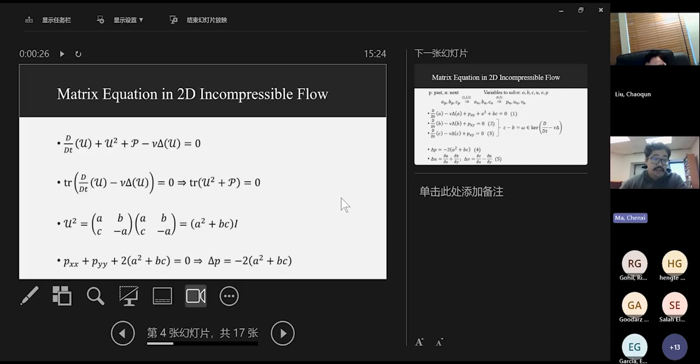We get U squared equals A squared plus BC times identity. Thus Pxx plus Pyy, the two elements on the diagonal of the P matrix, plus 2 times A squared plus BC should be 0. Hence, we get a Poisson's equation for this normalized pressure P: Laplace P equals negative 2 times A squared plus BC.